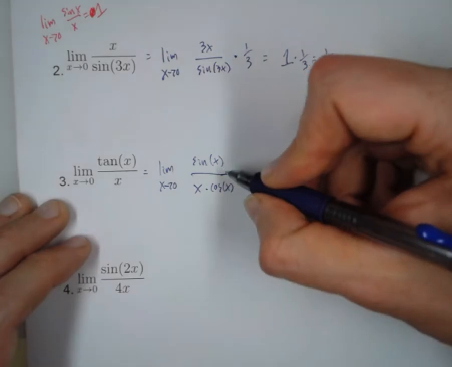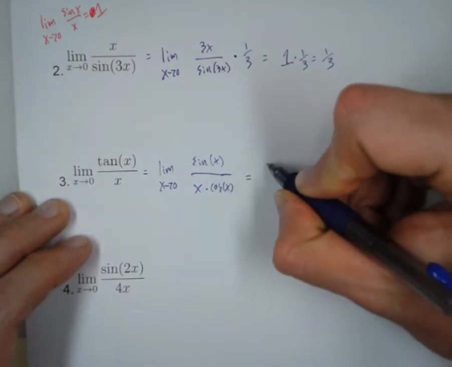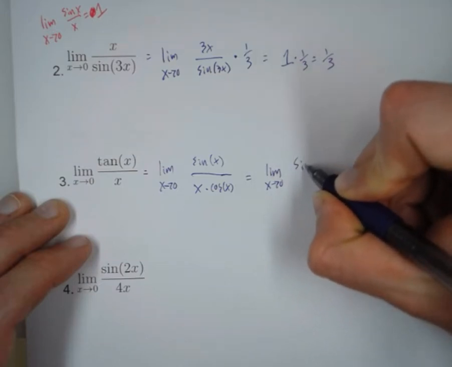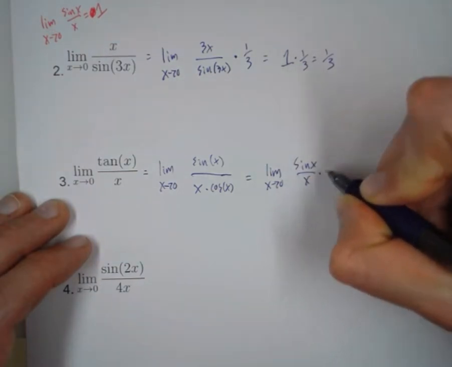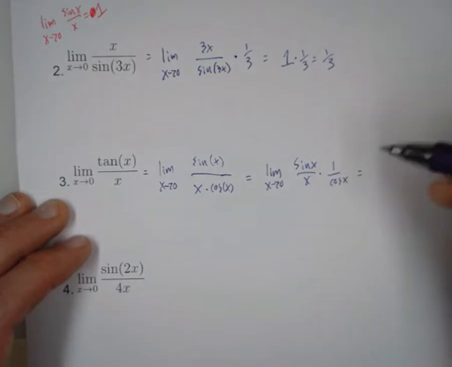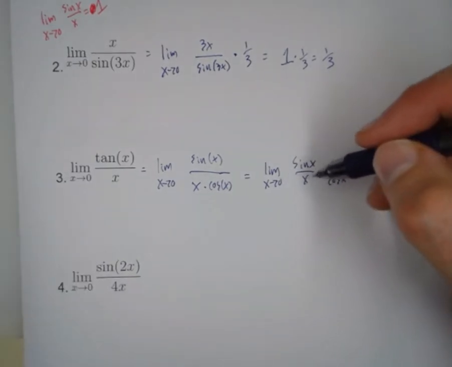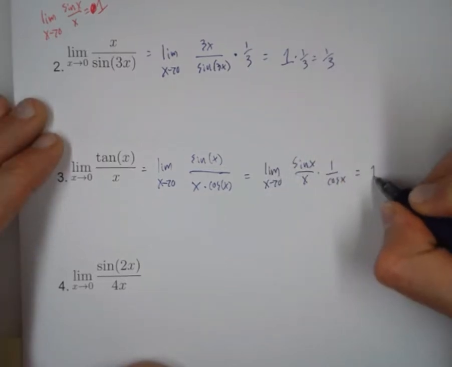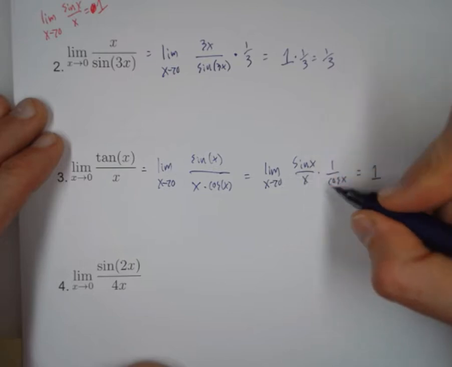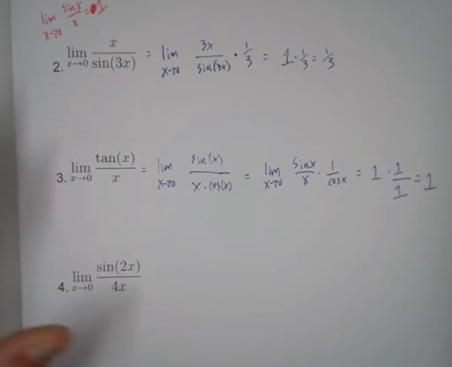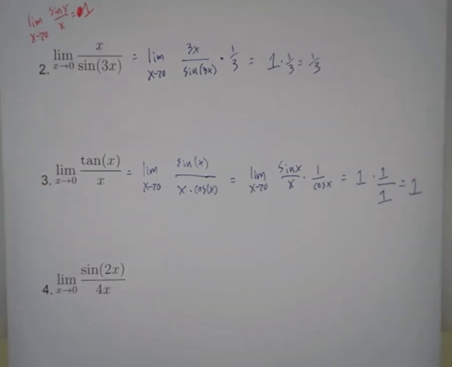And so now I can break this up into limit as x approaches 0 of sine of x over x times 1 over cosine of x. Now x is approaching 0, and we know that this part is going to give us a limit of 1. But what about cosine? Well, if I plug in 0 for cosine, that's just 1 over 1. So this limit is equal to 1.